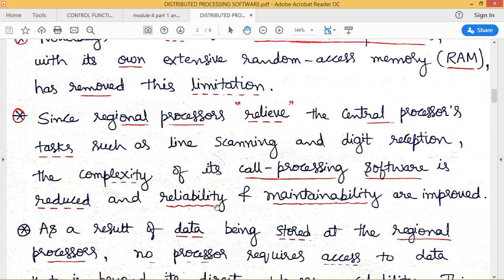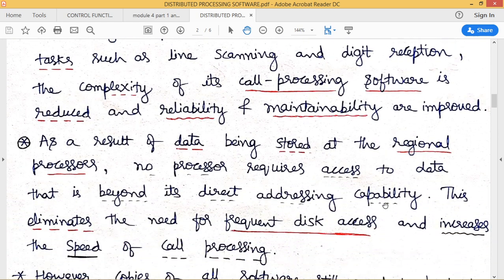And also reliability is somewhat improved, as well as maintainability is also improved in our distributed processing systems. As a result of data being stored at the regional processors, no processor requires access to data that is beyond its direct addressing capability.